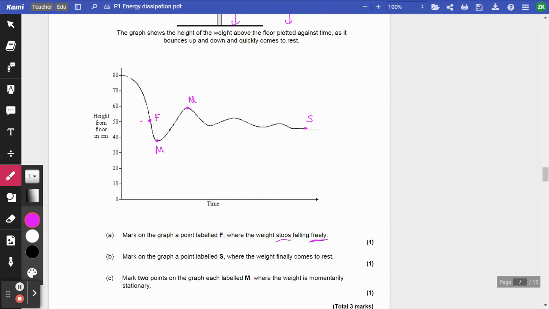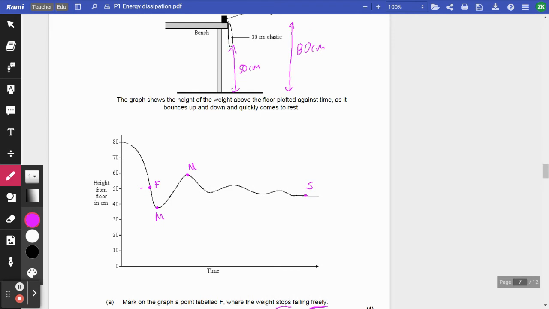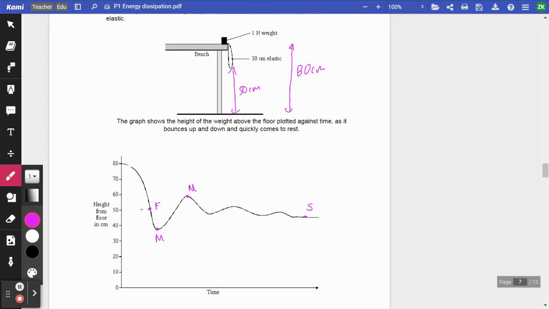And the last part: mark 2 points on the graph, each labeled, where the weight is momentarily stationary. What's happening is this object is going to be dropped, this elastic is going to stretch, and the weight is going to start bouncing up and down. So where does the weight momentarily come to a stop?